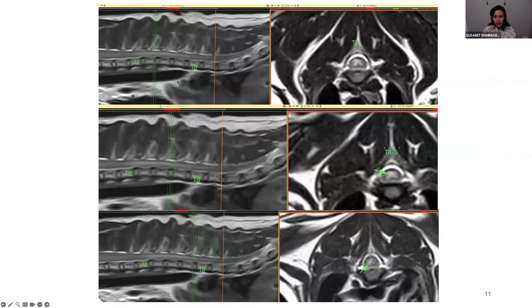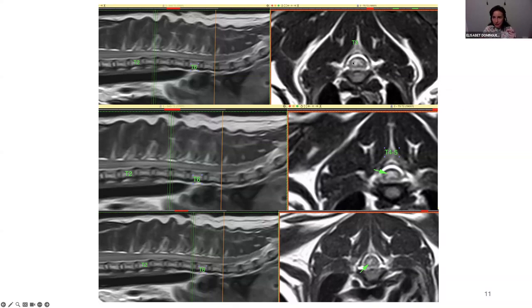Looking at the transverse and sagittal planes, here we have on the left side the sagittal plane on T2, and then we will move from cranial to a mid portion and more caudal portion. And you see on T2 that we have this well-defined intramedullary lesion that is hyperintense compared to the normal gray matter. For example, at this level, we can see very well that it's affecting mainly the gray matter, so the central part of the spinal cord.